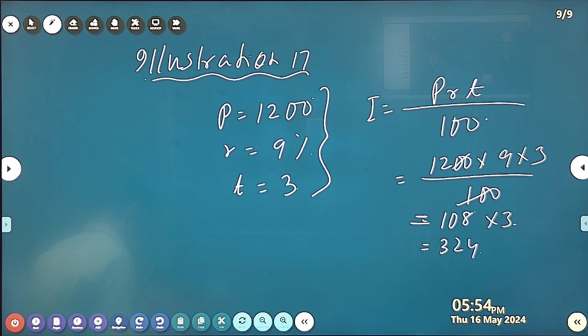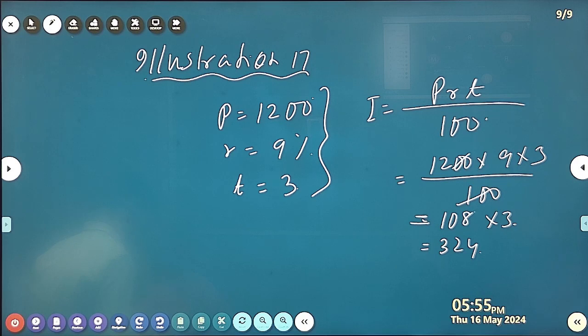So annuity means flow of money, right? So write, a flow of money will be considered as annuity if two factors are satisfied.